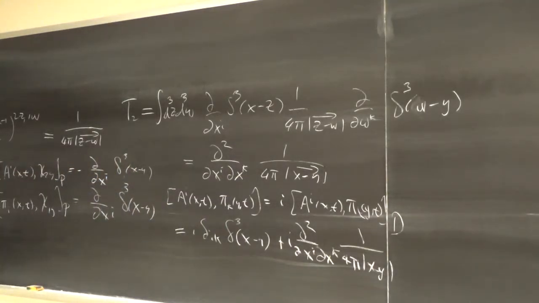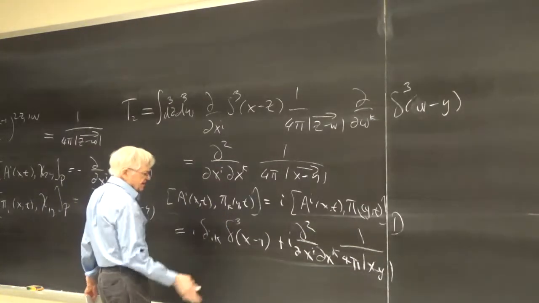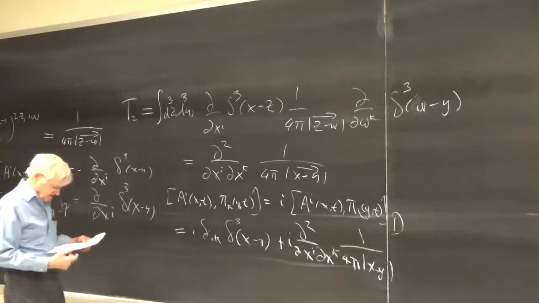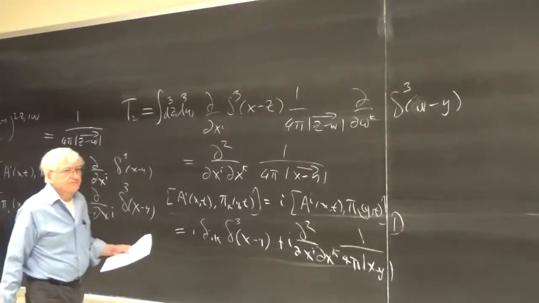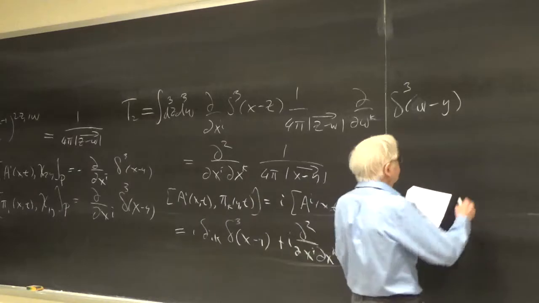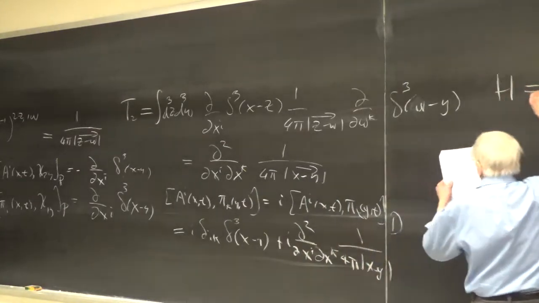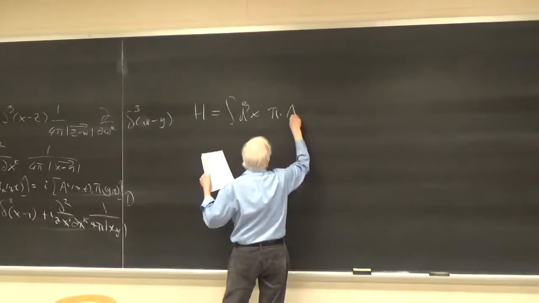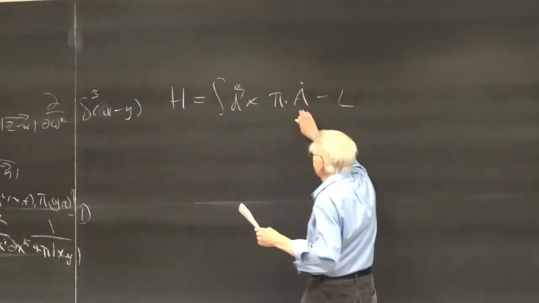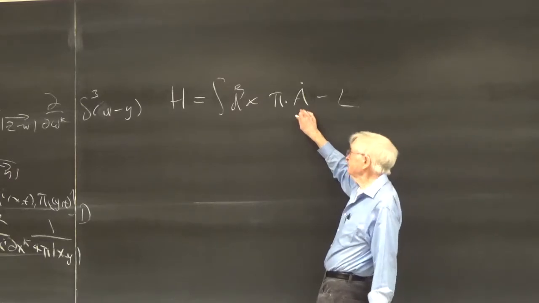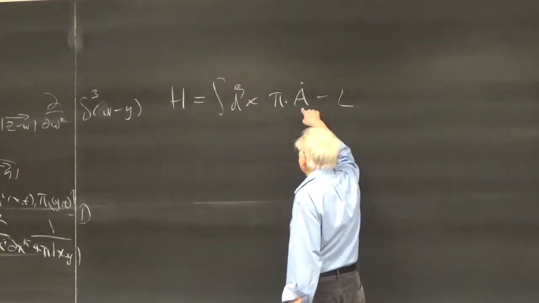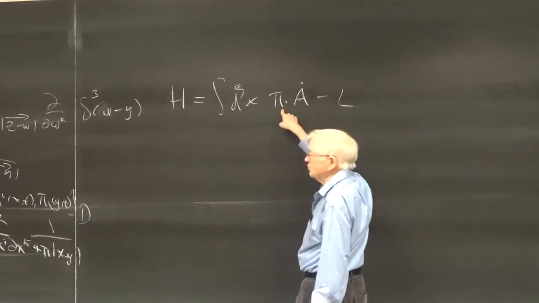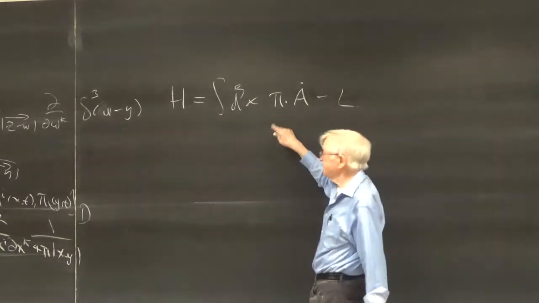The other two: A_i with A_j has a vanishing commutator, pi_i with pi_k has a vanishing commutator. In the Hamiltonian, what we would do is say, well, this is an integral d cubed x, pi dot A dot minus L. But A dot is transverse, and so in pi dot A dot, it's only the transverse part of pi that contributes.